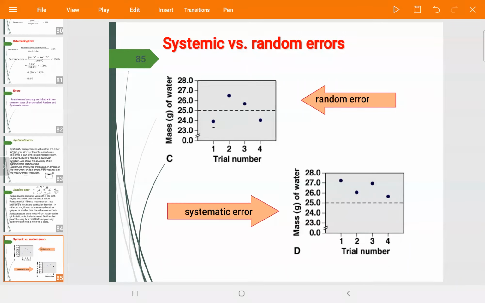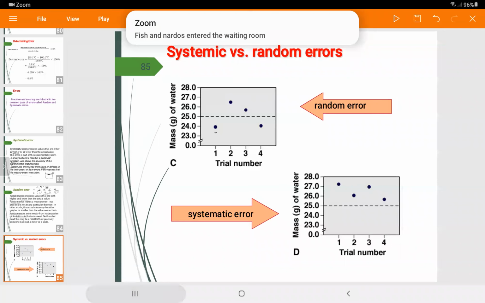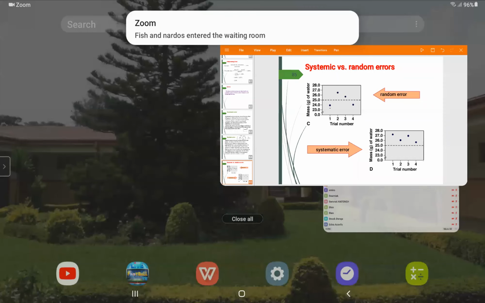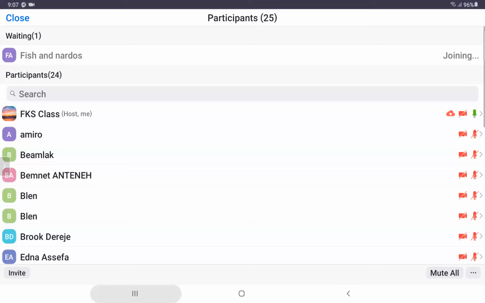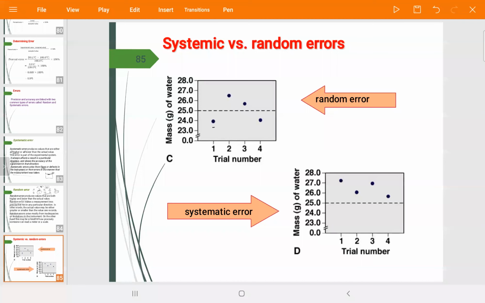So when you have random error, accuracy is not affected as much, rather it is precision that is affected, whereas in systematic error, the accuracy is affected, but precision is higher than when you have random error. That is the main difference between these two types of errors.